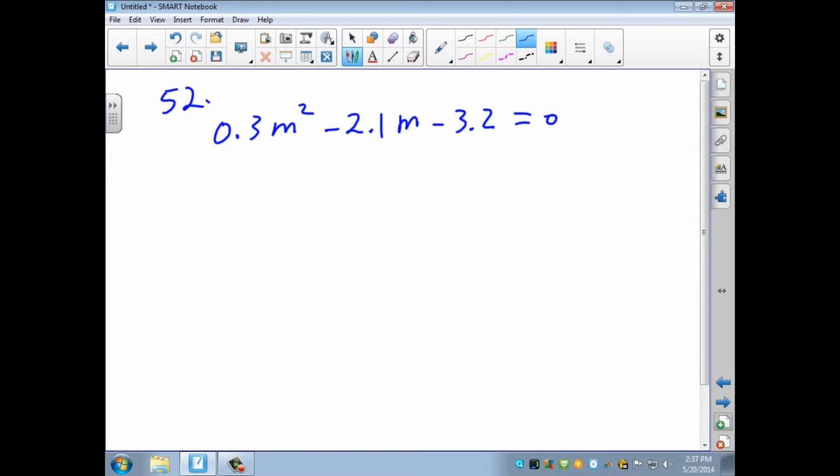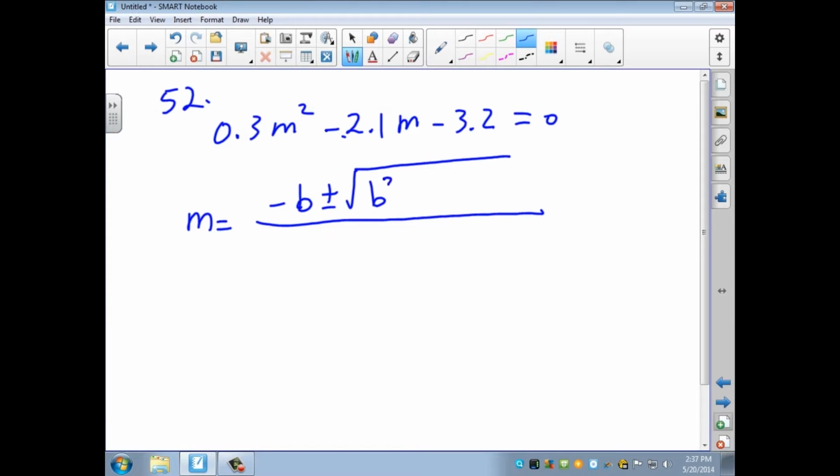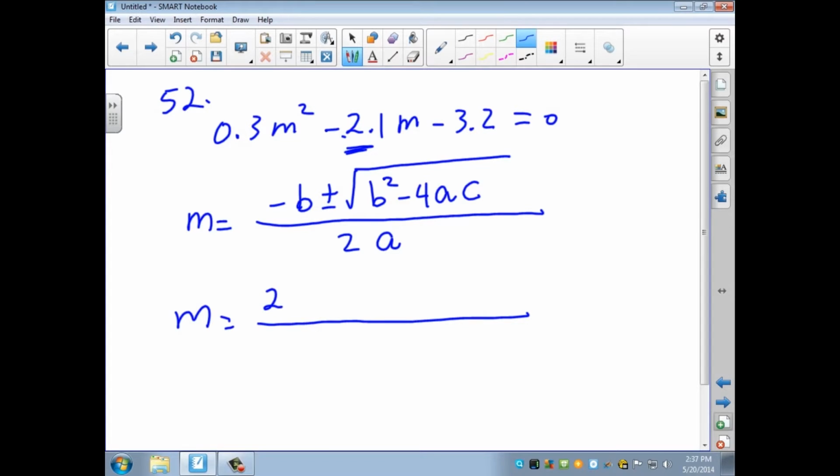If you adapt the quadratic formula, this is a quadratic equation, by the way, m would be equal to minus b plus or minus square root of b squared minus 4ac, divided by 2a. So m therefore is equal to minus b, which refers to the coefficient of m. So minus b would be 2.1, square root of b squared.